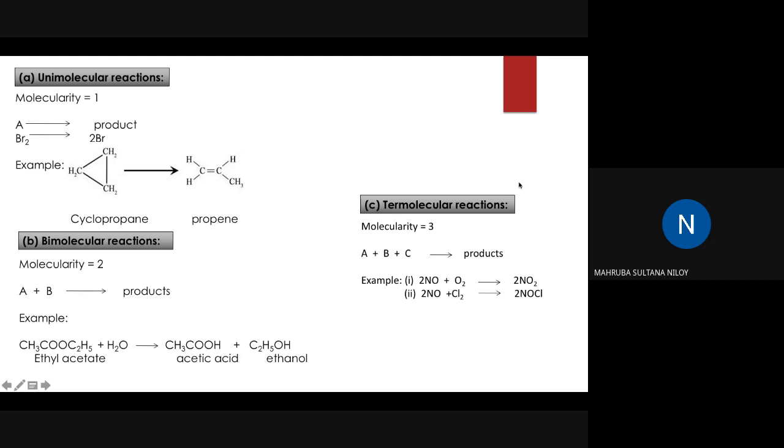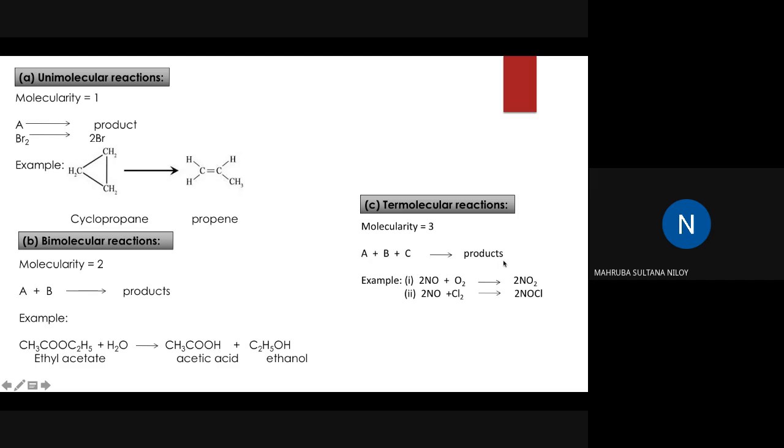Okay, so what happened in the termolecular reaction? Not two different reactions, it is a single step reaction. Here more than two compounds combine. Like here you can see three compounds combine together to form a product.